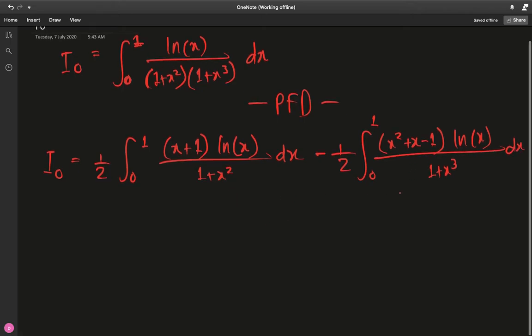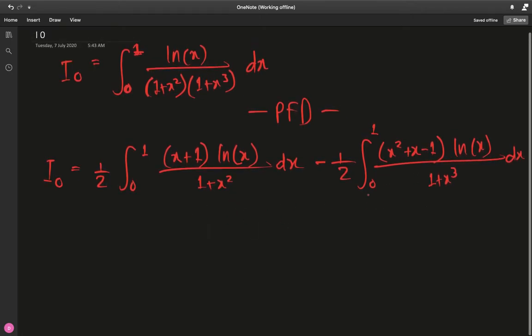So x squared and x cubed have basically been split up using partial fraction decomposition.